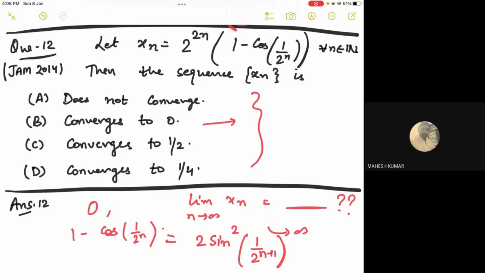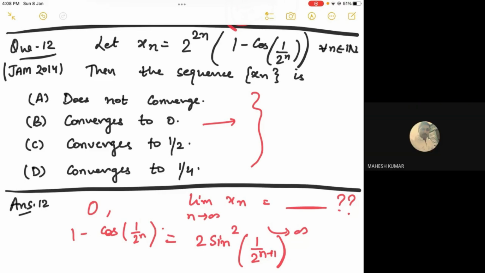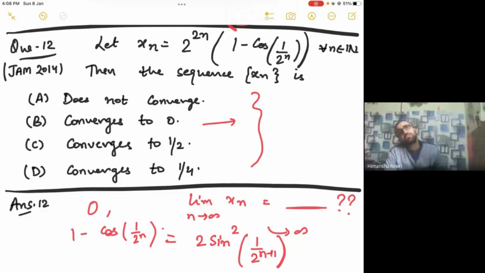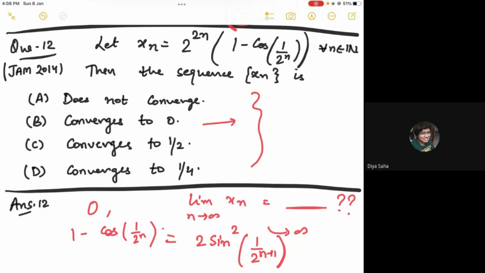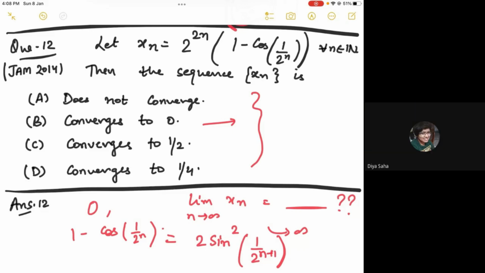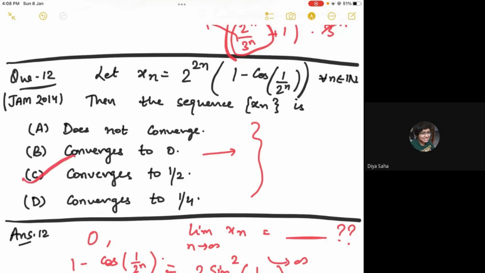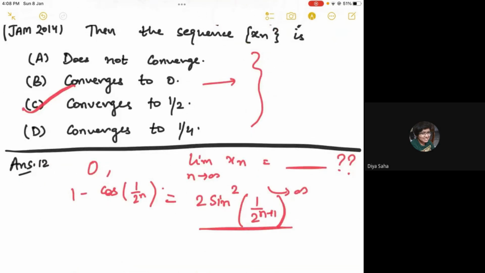Option number D. Sir, option C. Why? If you calculate this part like you are doing, then we will get 2 to the power 2n into 2 to the power 2n plus 1 into sine square 1 by 2 to the power n plus 1.